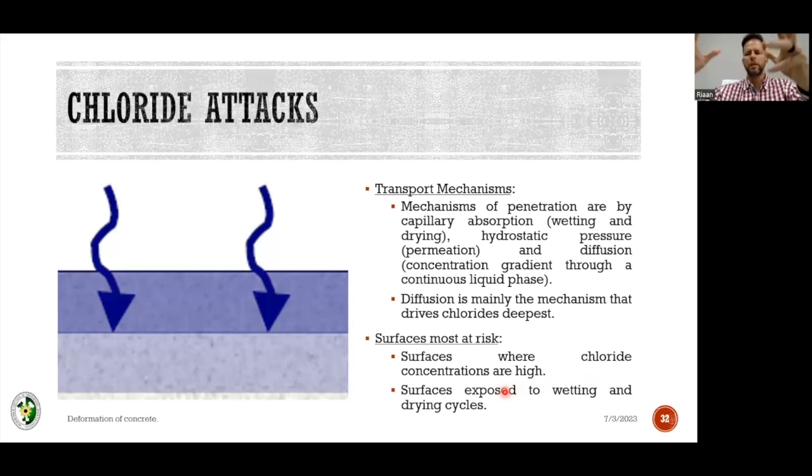The water goes in there, takes the chloride ions in, the tide moves out, and your structure literally evaporates. The water evaporates, but your chloride ions stay in the concrete. Then comes high tide again, and it's pulling more chloride ions into your structure, and then low tide. So as soon as the water ebbs and flows, you will have a higher risk.